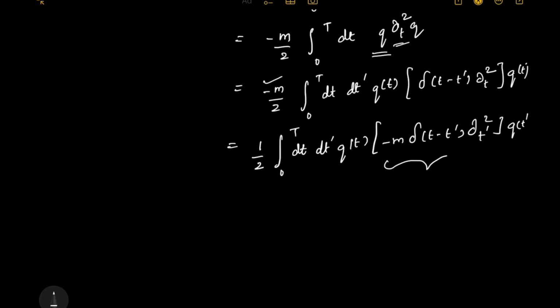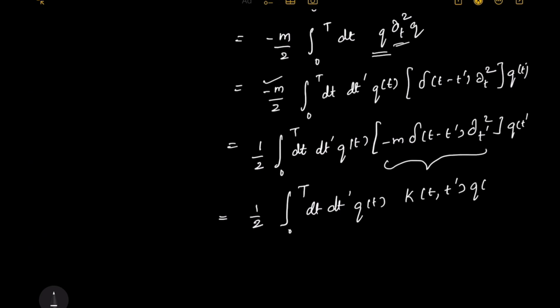Now this I can write as the transition amplitude: q of t, then this bracket as K(t, t'), then q of t'.